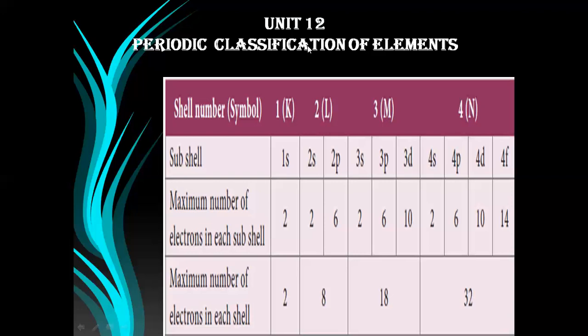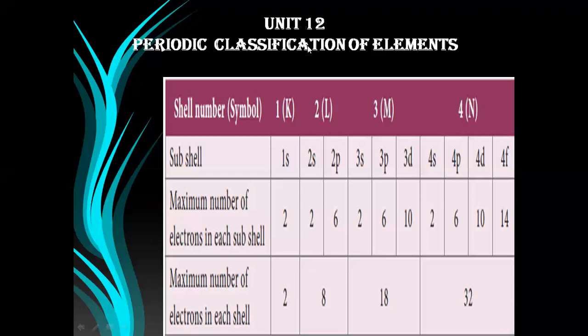There are 4 shells: K shell, L shell, M shell, and N shell. These 4 shells are further divided into subshells: S, P, D, F.